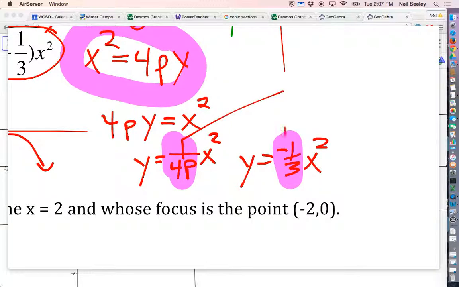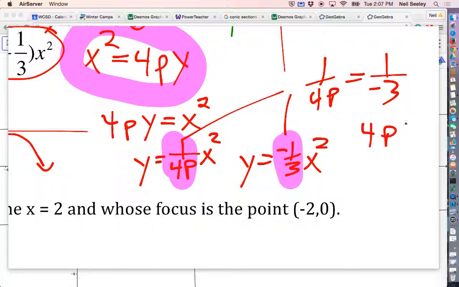We can say 1 over 4p equals negative 1 over -3, cross multiply and divide, or just say 4p equals -3, and p equals -3/4.